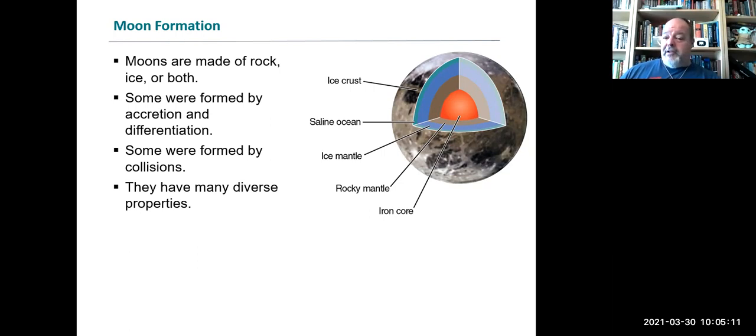So some were formed by accretion and differentiation. Some were formed by collisions, like Tyler was just talking about. And we know, for instance, from Darwin's grandson, who had done calculations of the orbit, that basically the orbit of the moon used to be a lot smaller. In fact, last night I was watching Earth: The Making of a Planet.